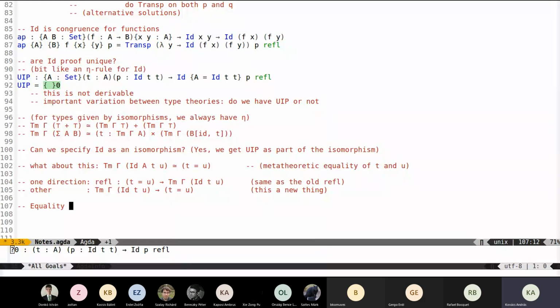Equality reflection is the principle, and we can also give it a name, so let's call it reflect. It says that if we have an equality proof in the type theory, then actually we have a meta-theoretic equality of terms.